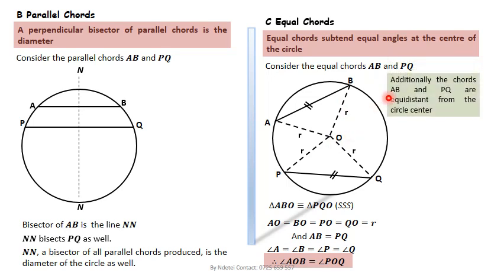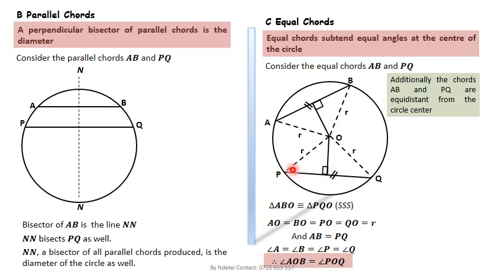Please look at it this way. We can say that the chords AB and PQ are equidistant from the center of the circle also. What's the reason? You see, this perpendicular from the center to the chord AB, this distance here, can be found by the square root of r squared minus b to this point squared. Again, we know the distance from O to the chord PQ can be found by the square root of r squared minus p to this point squared.